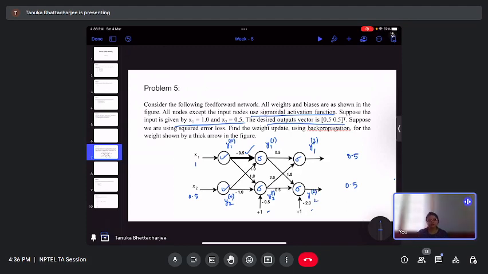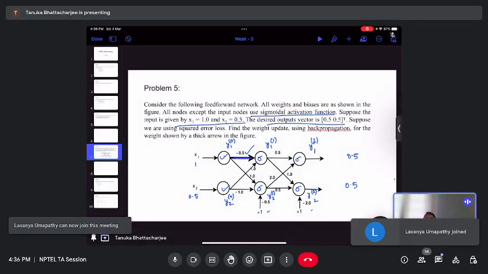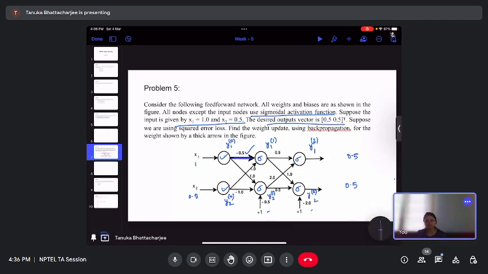So, in order to compute the weight update for this particular weight, first you have to see your predicted output for the given input. So you have to do one forward pass with your given input, which is 1 and 0.5, to get the final outputs.